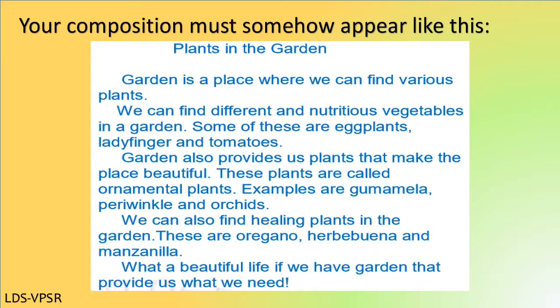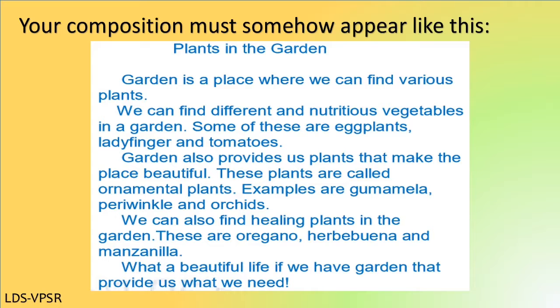Your composition must somehow appear like this. Plants in the garden. Garden is a place where we can find various plants. We can find different and nutritious vegetables in a garden. Some of these are eggplants, ladyfinger, and tomatoes. Garden also provides us plants that make the place beautiful.